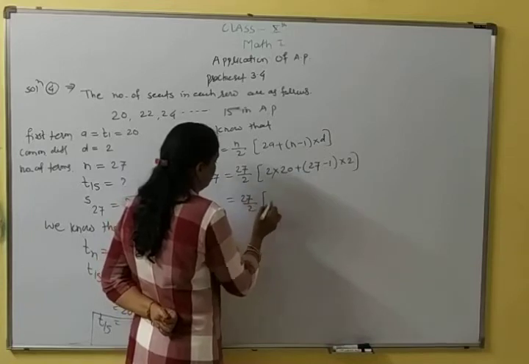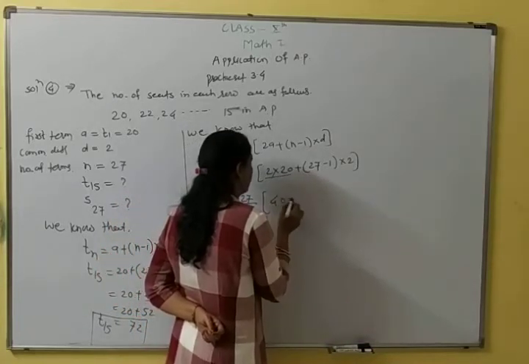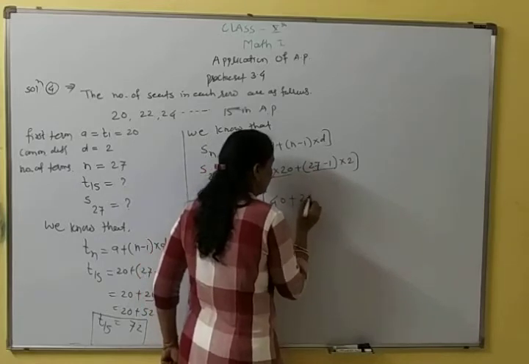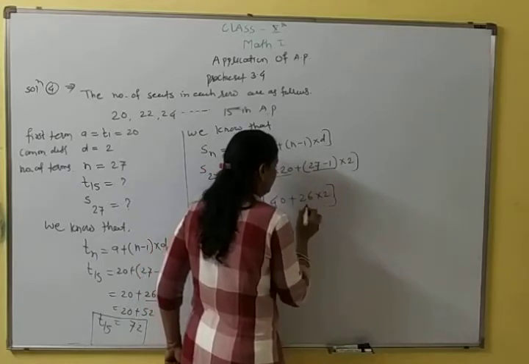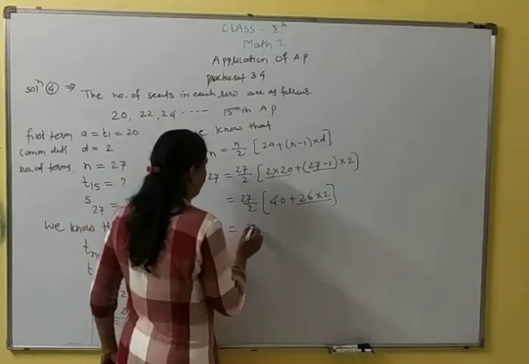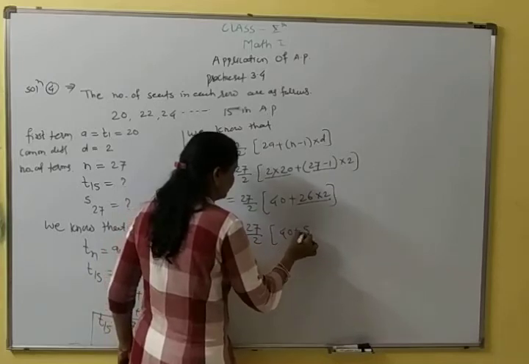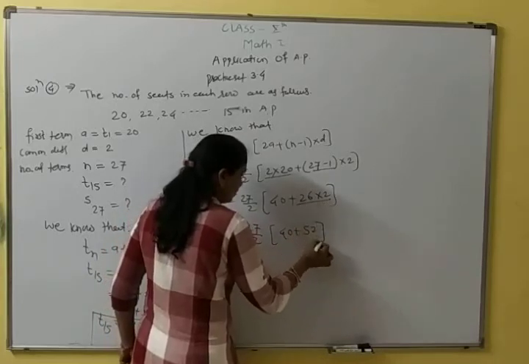27 upon 2, first solve, multiply: 2 into 20 is 40 plus 27 minus 1, 26 into 2. So first we have to solve, multiply 26 by 2, that is 52.